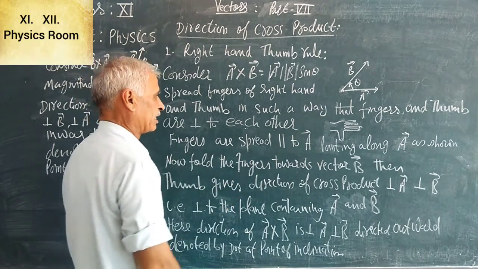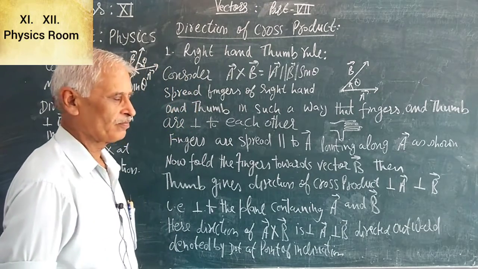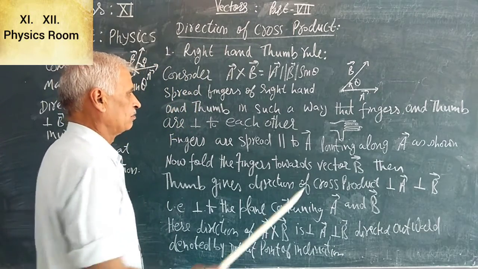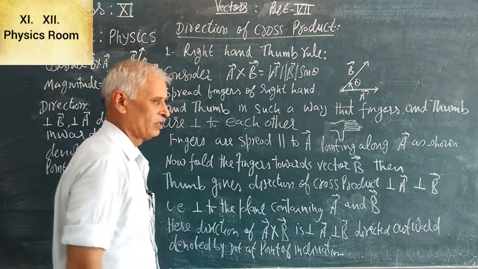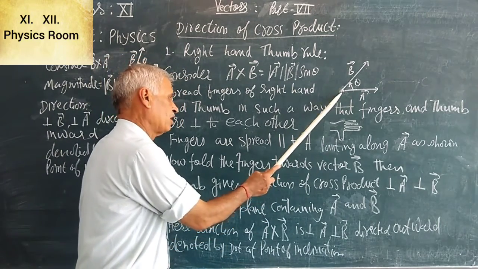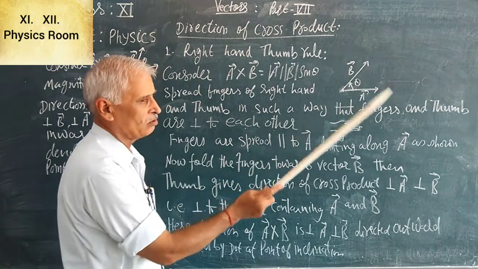So it is directed outward, perpendicular to the plane of the board. Outward we denote by a dot and inward we denote by a cross. So here we denote it by a dot because for A cross B the direction is outward.